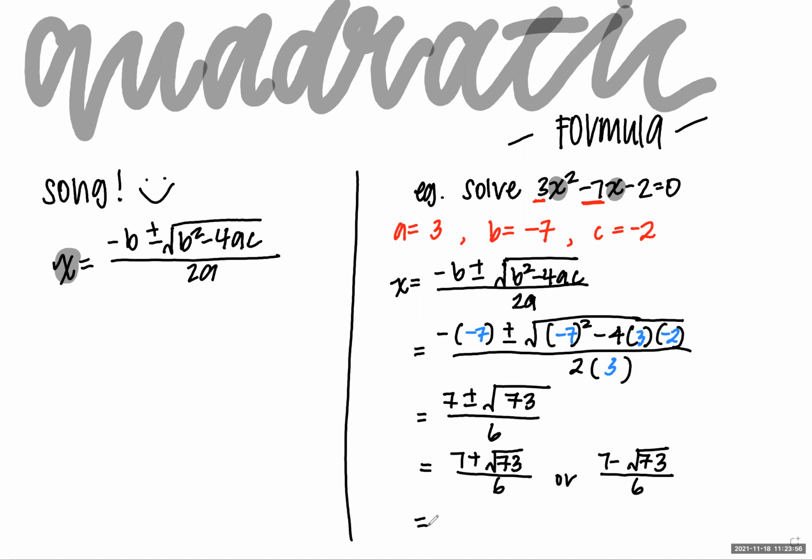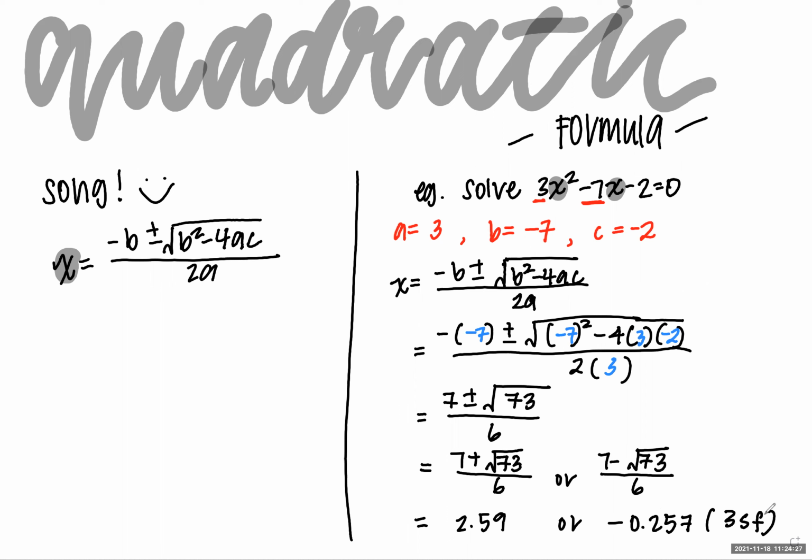Now you can put that into your calculator. Make sure it's in 3 sig figs. You get 2.59, or if you put the other one in your calculator, you should get -0.257, in bracket 3SF. And that's all you need to know for the quadratic formula.